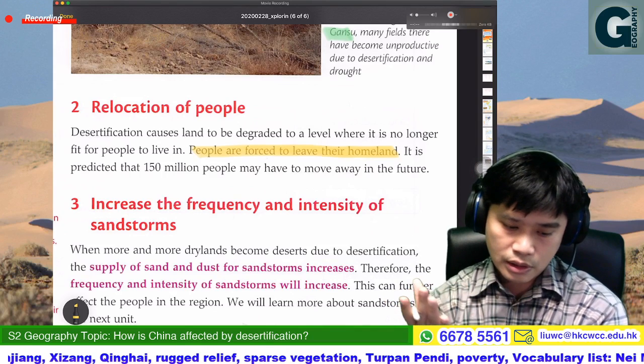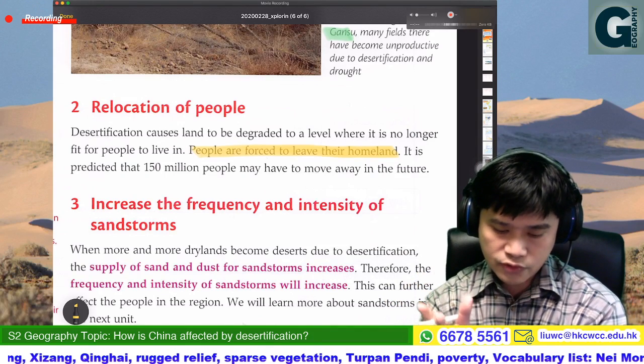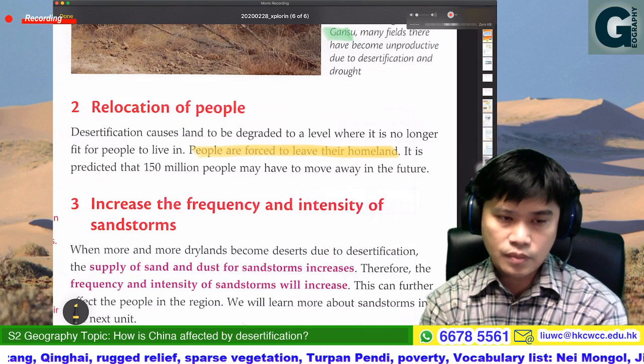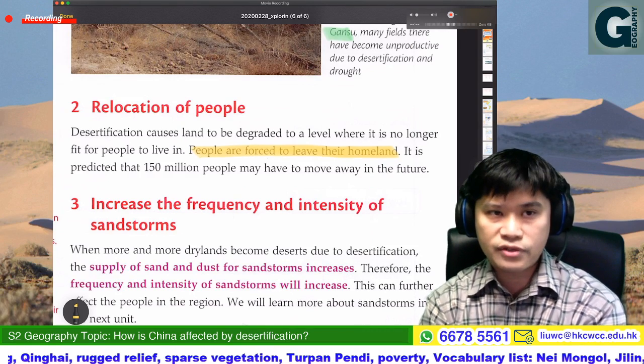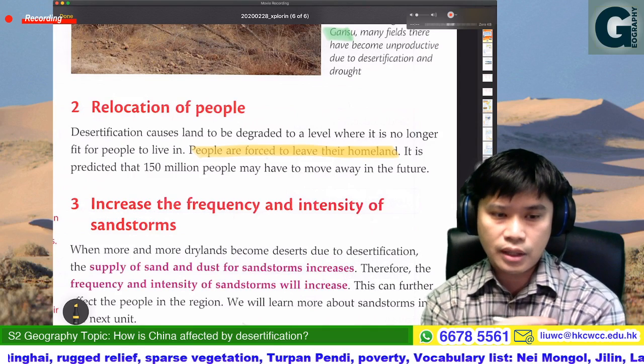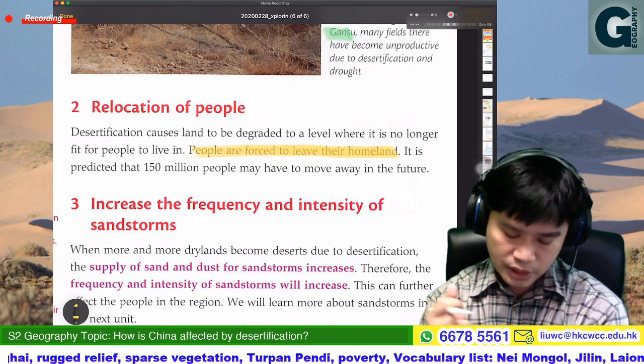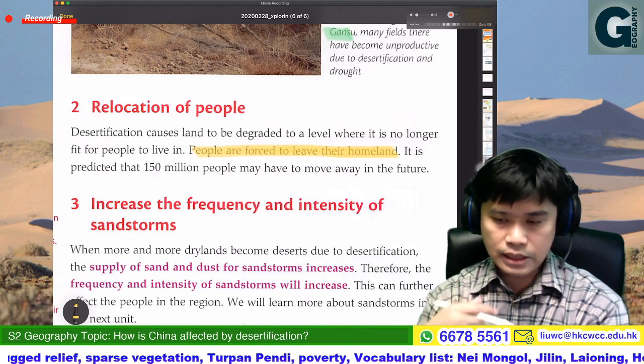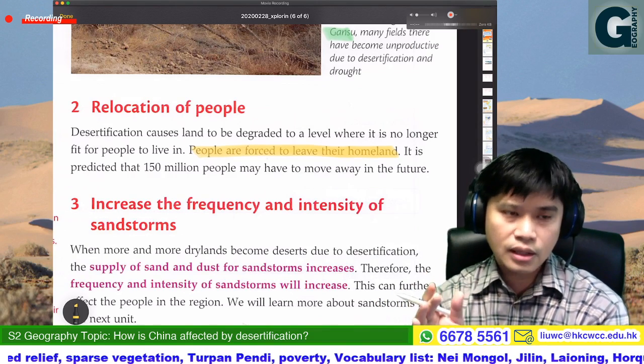So therefore, it is quite hard for them to survive to settle in this place. So therefore, more people they would leave that place to settle in other area. So therefore, that would lead to the relocation of people. Okay, as the land there that is really unproductive.